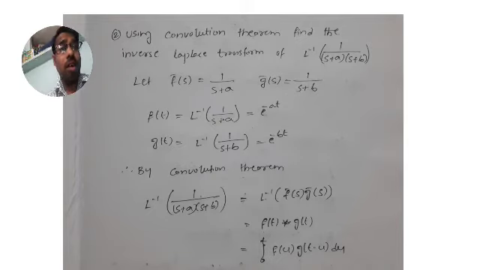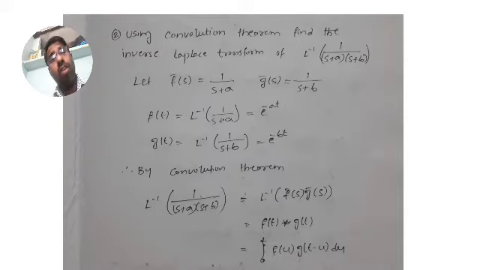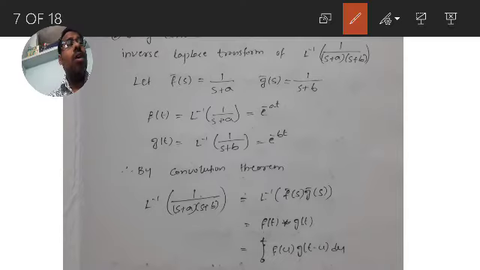Using convolution theorem, find the inverse Laplace transform of L inverse of 1 by (s plus a) into (s plus b). In place of a and b, any other constants you can do. That's why I said this is a very general problem, because you have a and b.